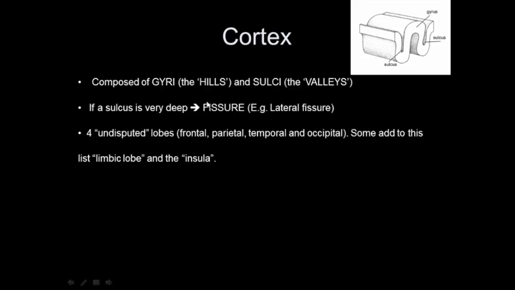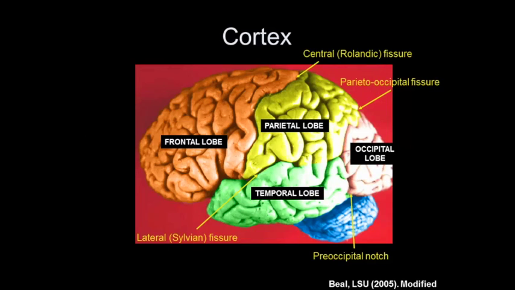For instance, the lateral fissure, the central fissure, etc. Then there are four undisputed lobes: the frontal, parietal, temporal, and occipital lobe, and we'll show you this in the next slide. Some people also add a limbic lobe, and the insula as a separate lobe. I don't think everybody agrees with these two as being actual lobes, but some people call them this way. And these are the four, let's say, undisputed lobes.